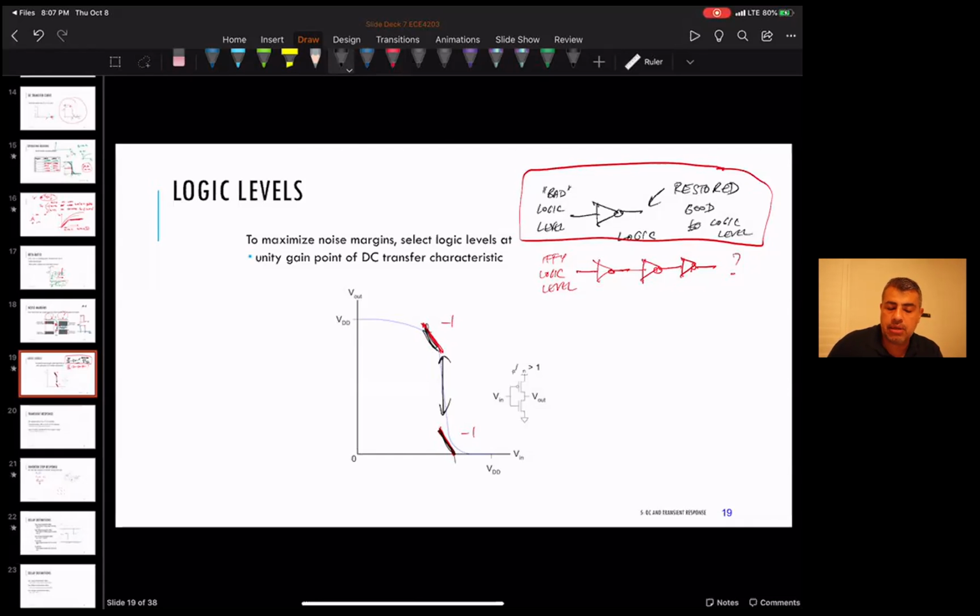It has a gain. Typical gains you see without trying too hard are maybe -5x to -10x. Or you can make it higher if you want. Some people use these as analog amplifiers.